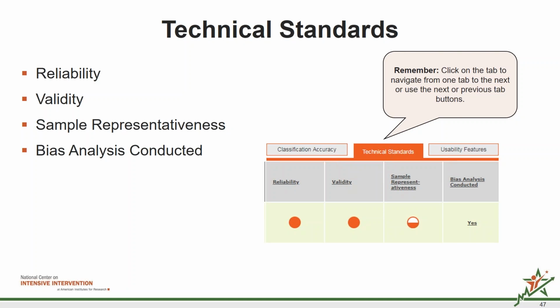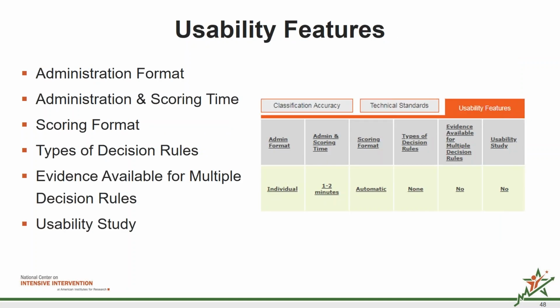So if you're interested in learning more, for example, on this tab about what reliability is, if you click on the link under reliability, you'll learn about the definition that the reviewers use for reliability. And then you can also see up at the top which tab you're on by that orange indication there. Here you're on the technical standards. You can flip back over and click on classification accuracy and so on.